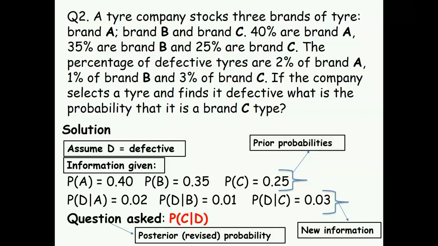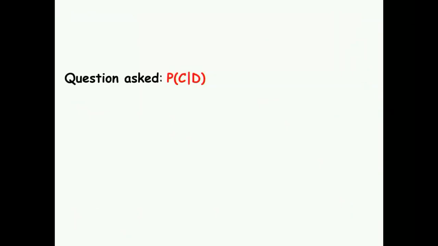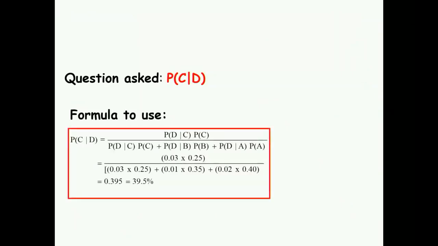So we know how to calculate this one, the formula that I gave you: probability of C given D. We exchange this one: D given C times the probability of C. We put the whole here, and we add the rest, because defective could be from C, from B, or from A. You remember that? Last week we did only 2, but it depends.